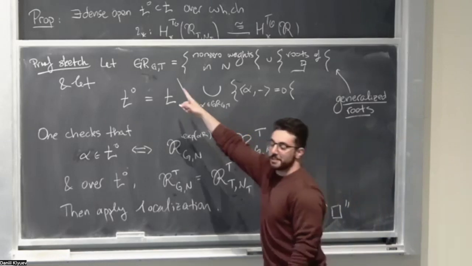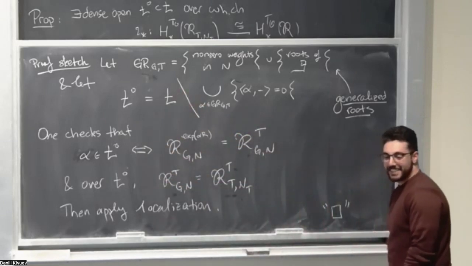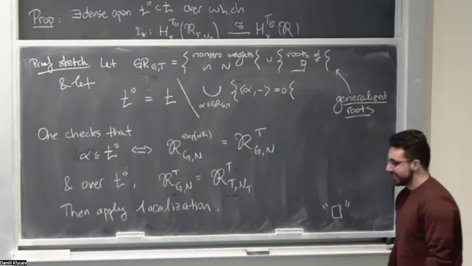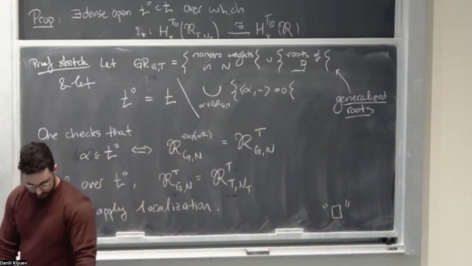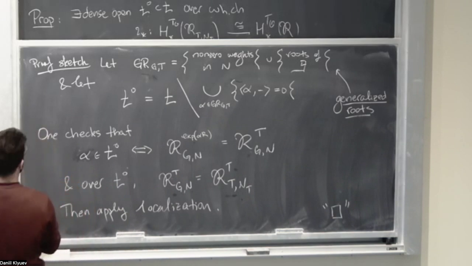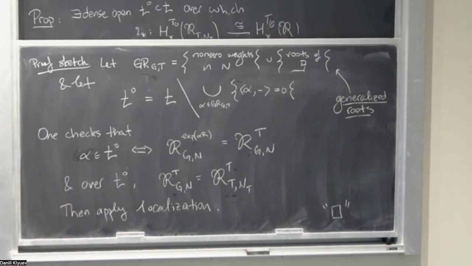You cannot forget those letters. So, the end of the proof is the goal function. Yeah, there are two localizations that you apply, isomorphic to the equivariant homology of this.